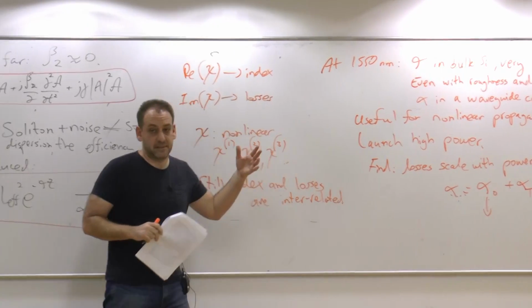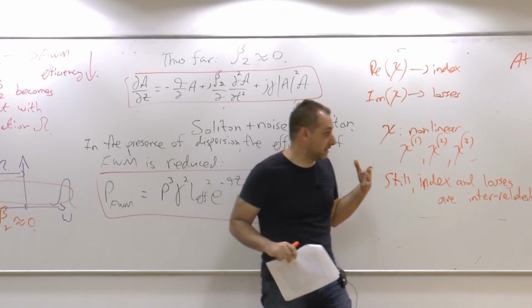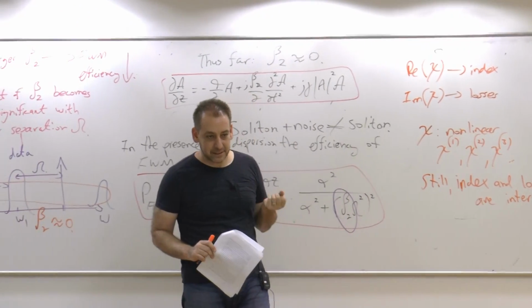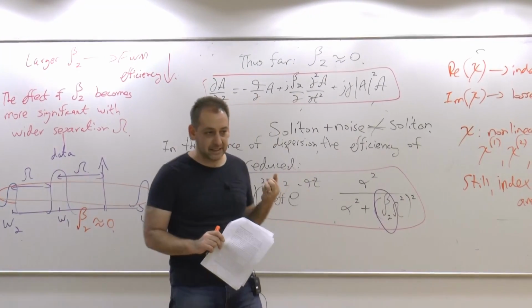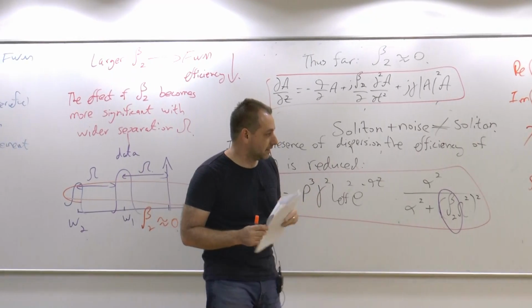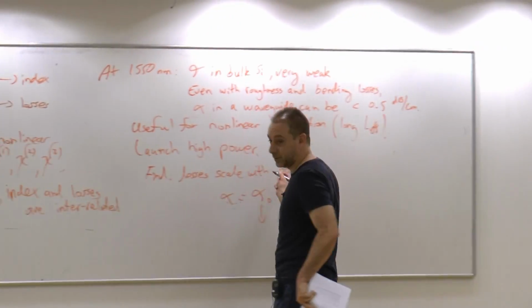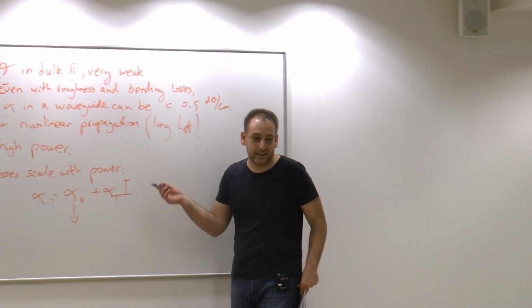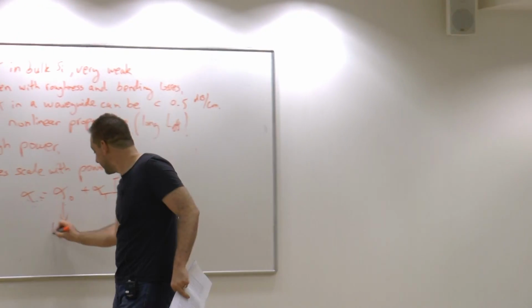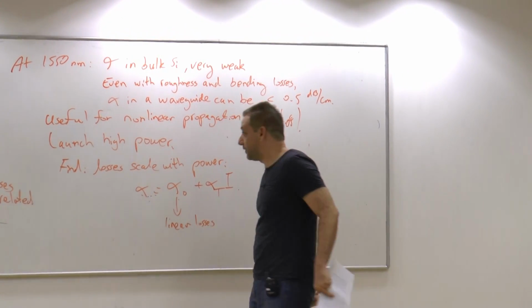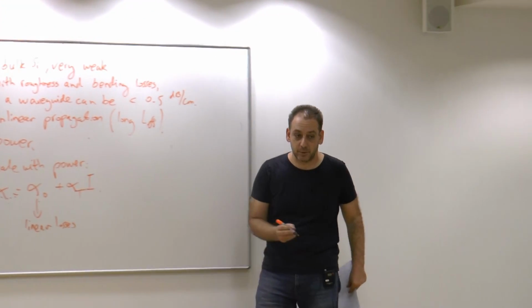If we have done something to our medium to change the index in nonlinear index, there must be manifestation in the losses. This is from causality. It's very basic. So, surprise, surprise, this comes out in a bad way. It's not fewer losses, it's larger losses. So this is the linear losses coefficient that we have come to expect.